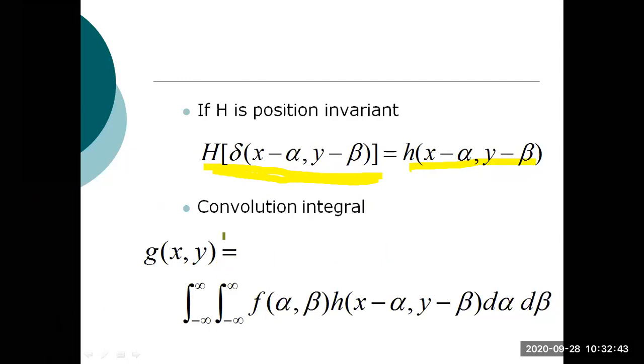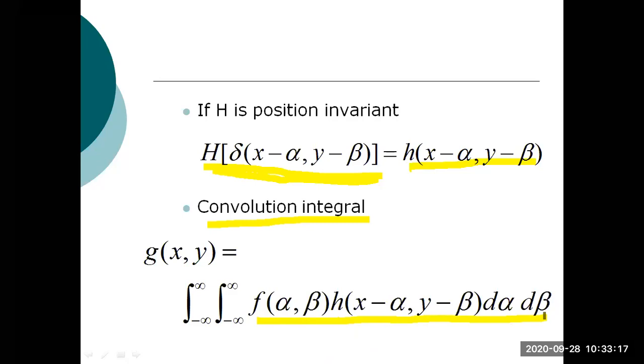Now we have to write the convolution integral. How is it possible? Just replace the above h of x comma alpha comma y comma beta with this function. This is modified as the convolution integral. So g of x comma y equals, actually our image is f of x comma y.